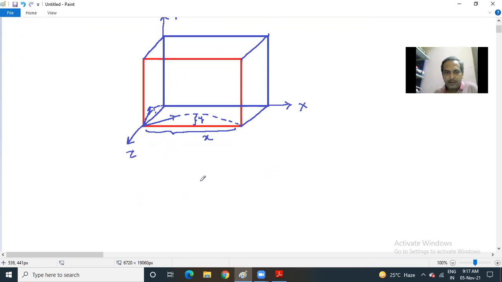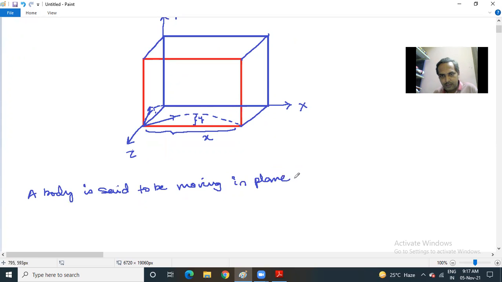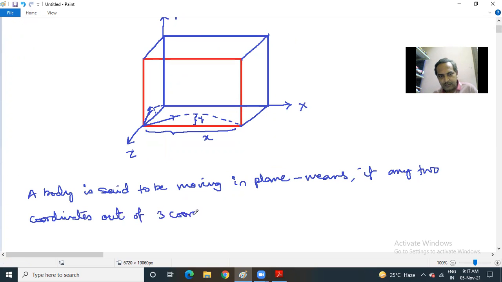So what you can write is, a body is said to be moving in a plane if any two coordinates out of three coordinates change simultaneously.